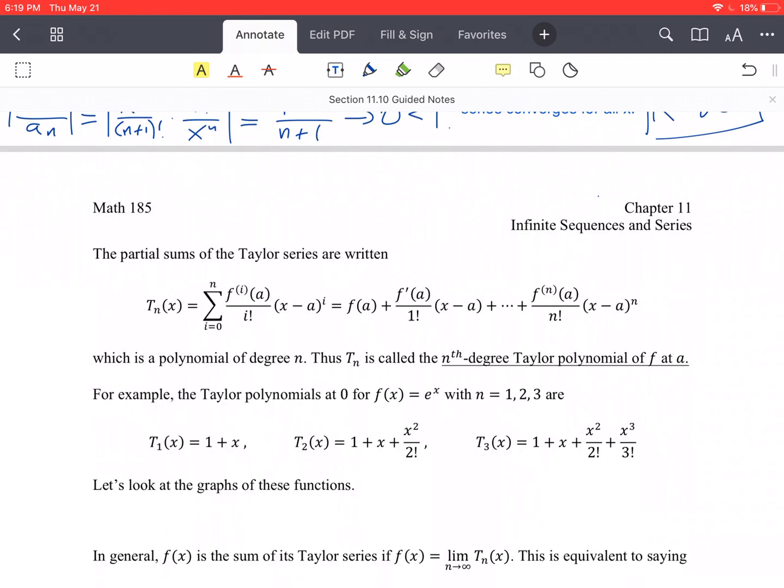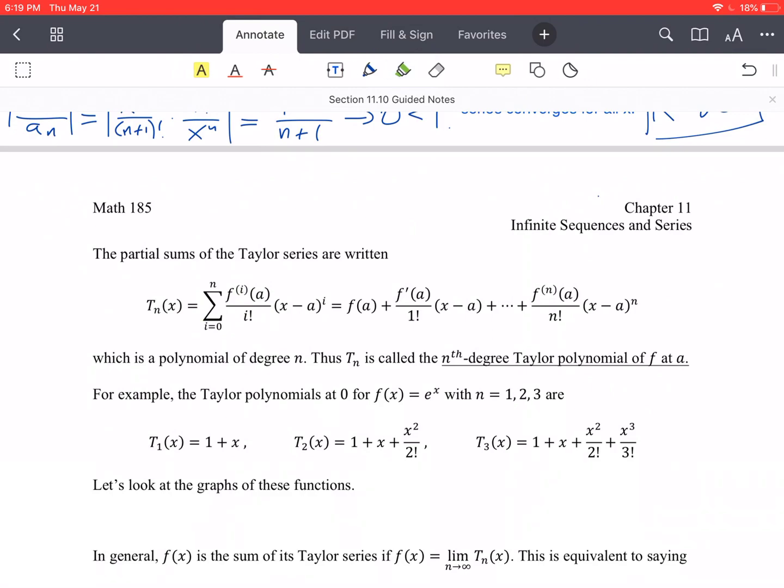So for the partial sums of the Taylor series, we use T sub n to represent these. That's going to be just the same relationship, but with i going from 0 to n, because again, it's finite, so it's not n going to infinity. But we have the ith derivative at a over i factorial times x minus a to the ith power.